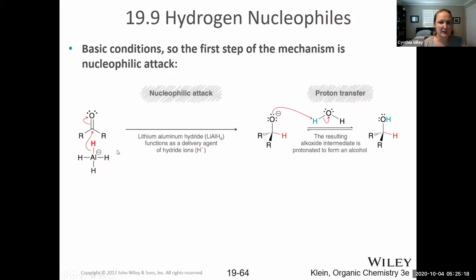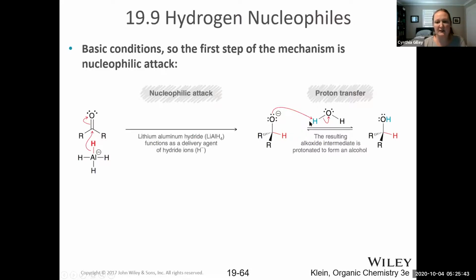So again, this is a review mechanism from a previous chapter. I believe it's chapter 12 or 13, depending on the edition of your book. Hydride from either sodium borohydride or lithium aluminum hydride does a nucleophilic attack on the carbonyl carbon. Electrons go up to the oxygen to form the tetrahedral intermediate, which gets protonated by a proton source.